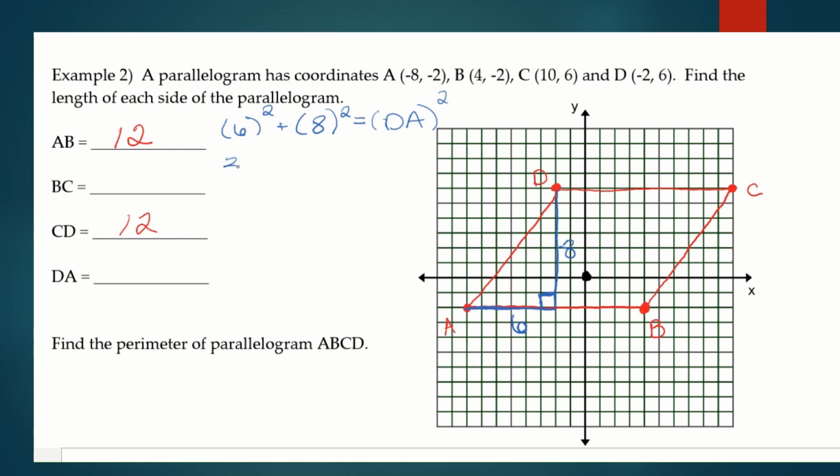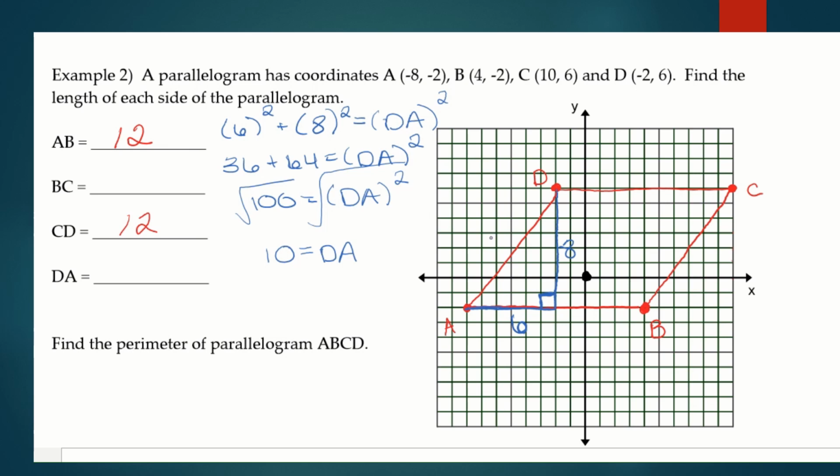All right, so 6 squared is 36 plus 8 squared, which is 64, gives me side DA squared. So 36 plus 64 gives me 100, equals side DA squared. And to get the length of side DA, I'm going to square root both sides, and I get 10 is the length of DA.